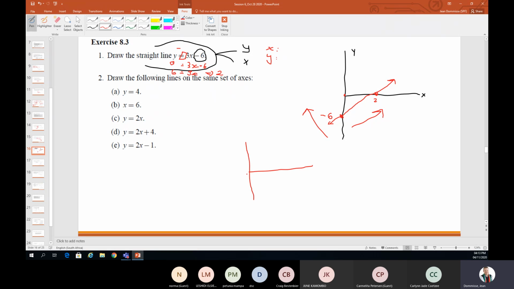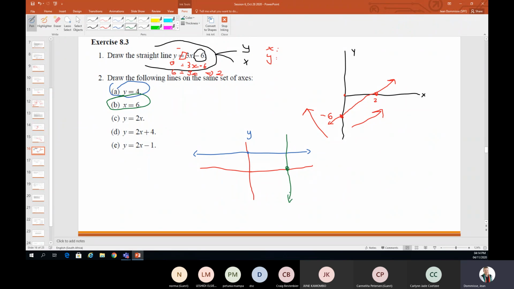So say that was your xy, and we need to say y equal to 4. So on that line, that's your y. So if y is equal to 4, it just goes through there, and that will be your y is equal to 4. So the same if you were looking at x equal to 6, this side is positive, so let's say that is 6.